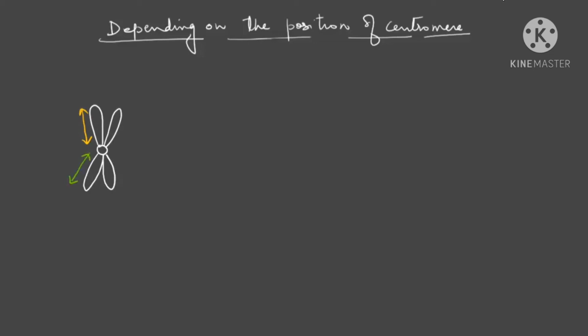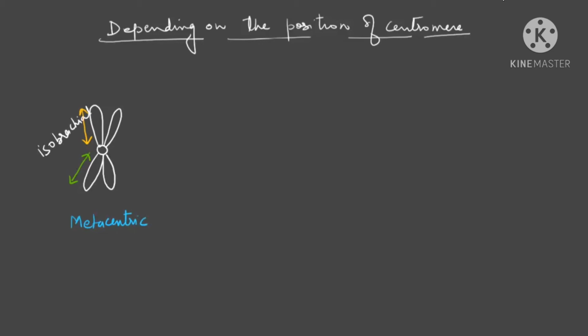The arms are equal because the centromere is exactly in the middle. So we call such a chromosome a metacentric chromosome. Metacentric chromosomes are those chromosomes which have equal arms. We call such chromosomes isobrachial chromosomes. Isobrachial chromosome means equal arms.